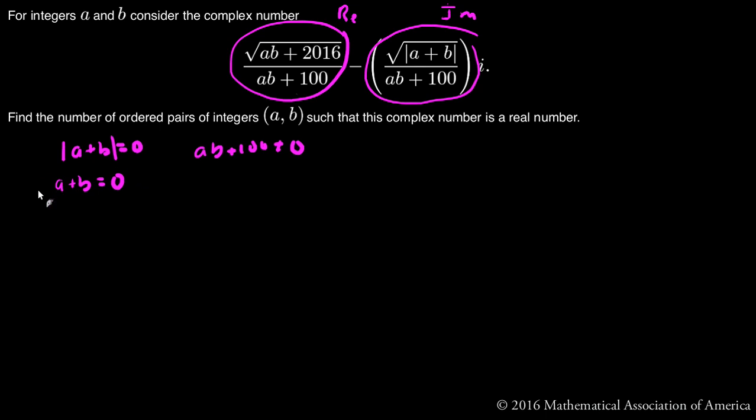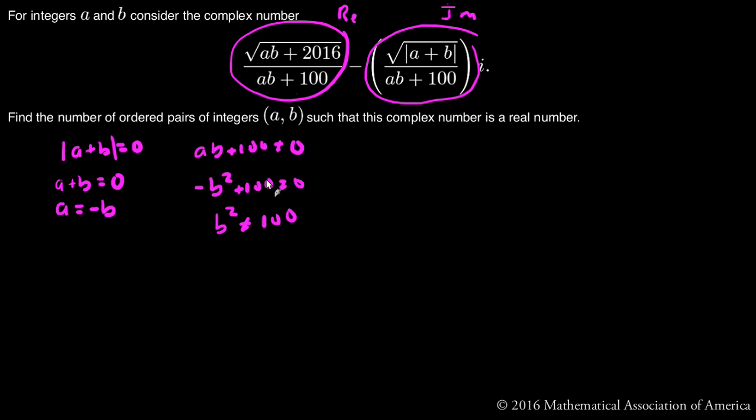And so based on this, let's figure out what a is. So a would be negative b. And so in here, this is the same as saying negative b squared plus 100 cannot equal 0, or b squared cannot equal 100.